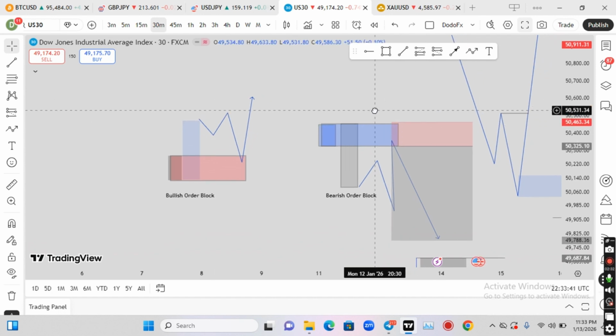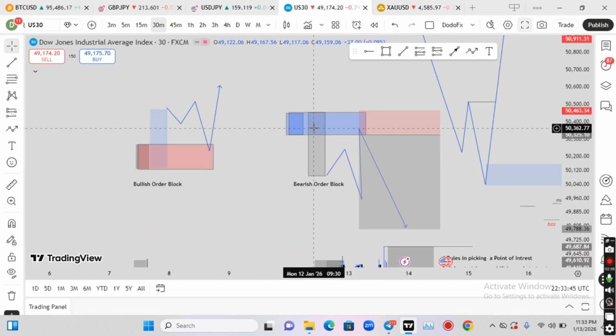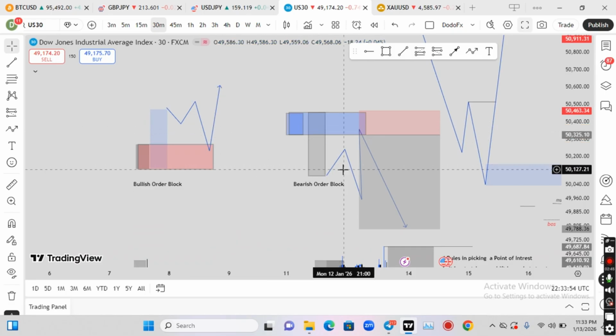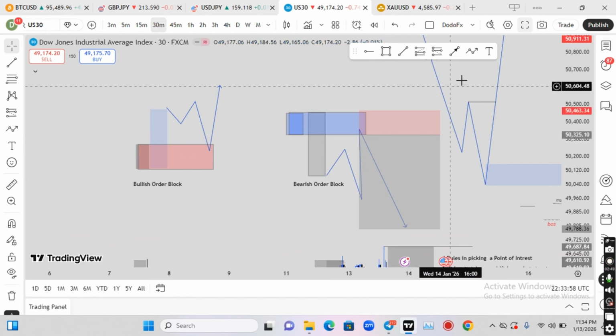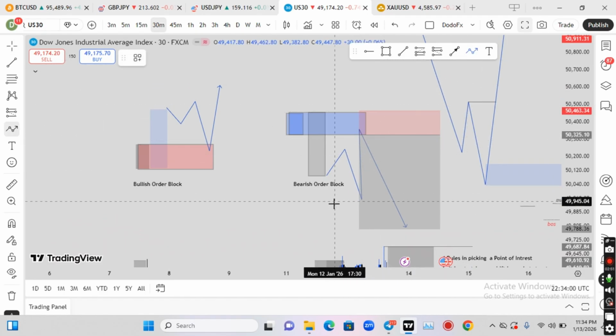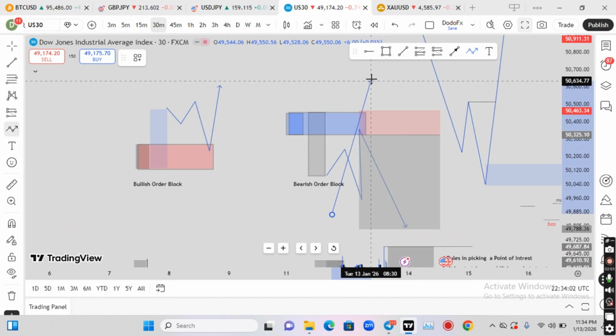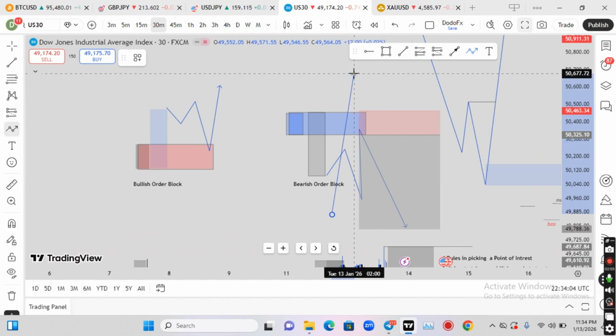And we also have the breaker block, right? The breaker block is a failed order block. How can you identify a failed order block? An order block is expected to have the trade come, tap into it and pull back. So what happens if the trade comes to it and breaks it?